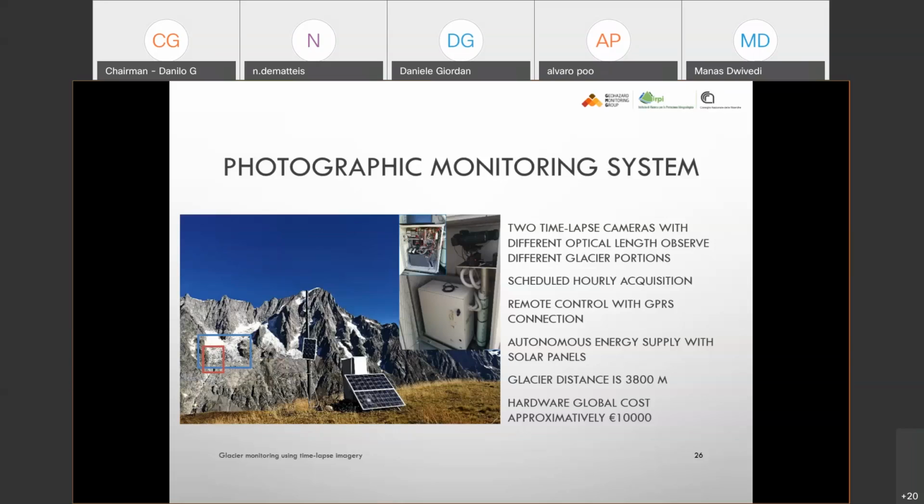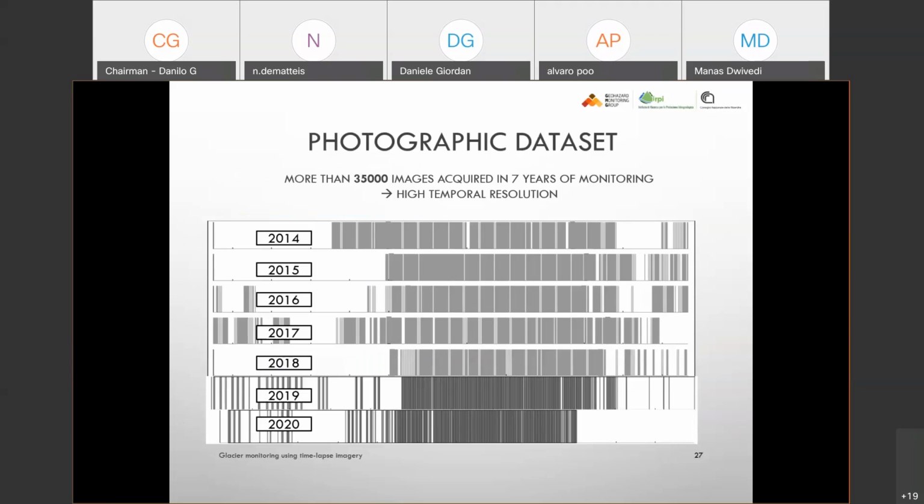This is not cheap, but if you consider that this station has been active since 2013 and that it does not need great maintenance, I think this system can be considered low cost. Just to have an idea, in 7 years of monitoring, this station acquired more than 35,000 images.